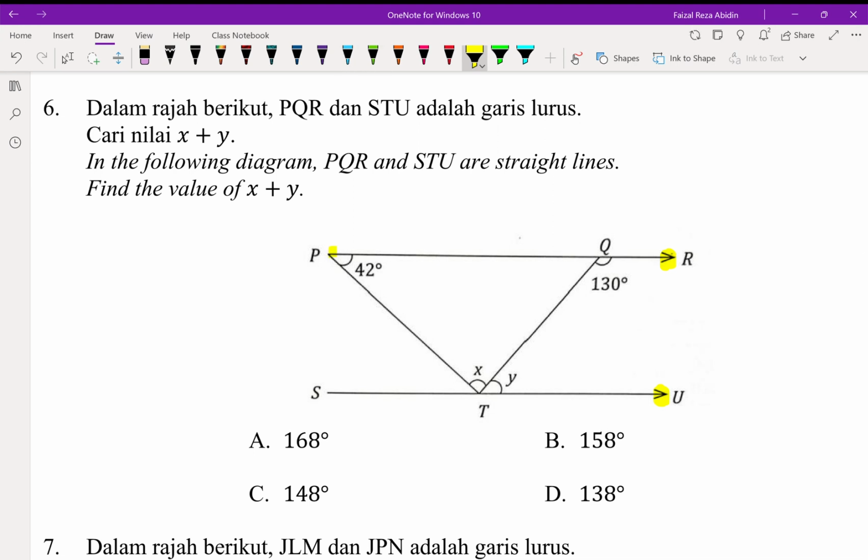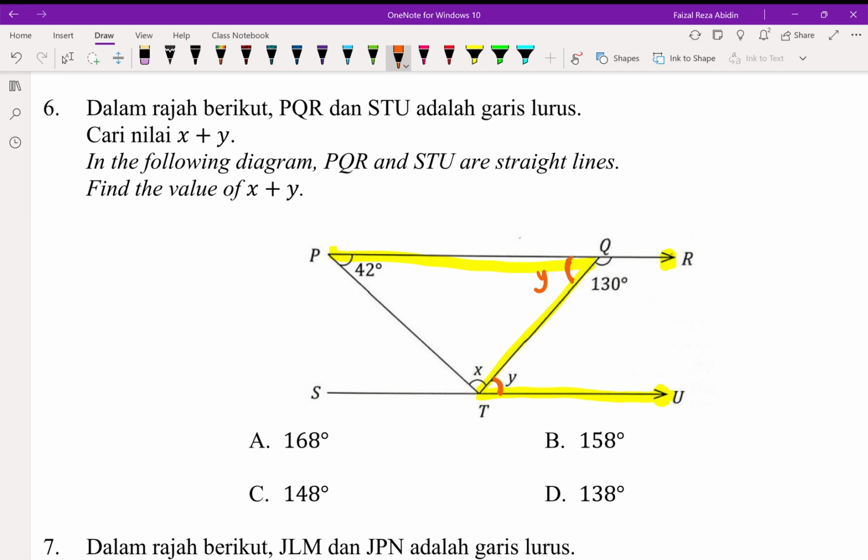Is y 42? Are you sure? No, y is here. Alternate. The alternate angle is going to be here.